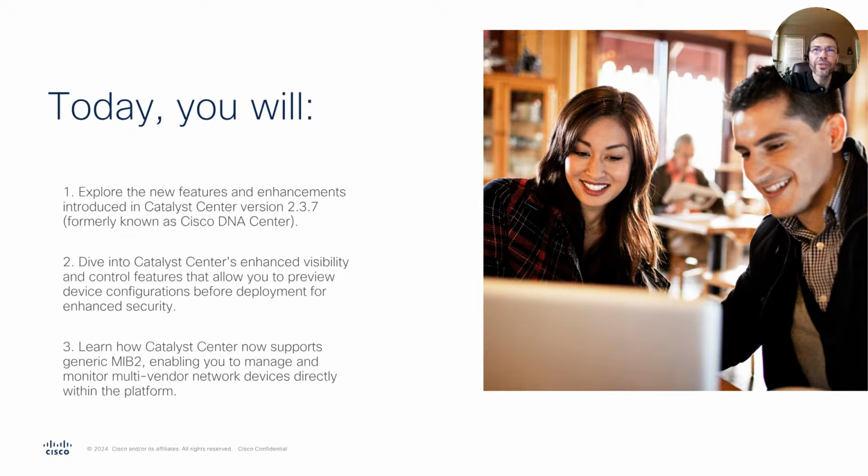We're going to dive into Catalyst Center features with the enhanced visibility and controls that allow you to preview your device configurations before you deploy them. So you get enhanced security and a better feel for what's going to be deployed. And also learn how Catalyst Center now supports our generic MIBs, so you can manage and monitor multi-vendor devices directly within the platform. So super excited to cover some of these.